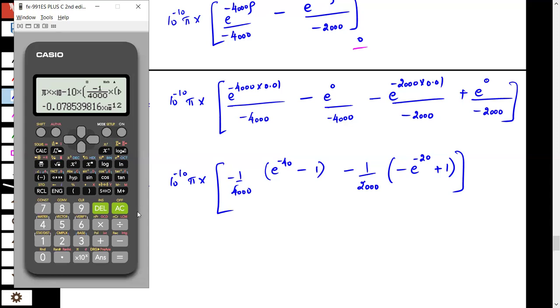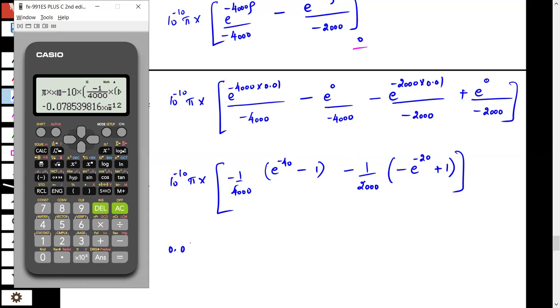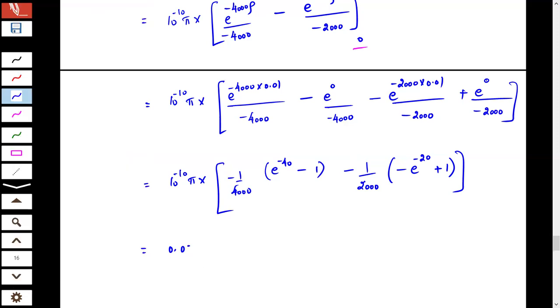So let me give in the units of picocoulomb, that is minus 0.07853 into 10 power minus 12 coulomb, or you can write this as 0.07853 picocoulomb. So this is the total charge.